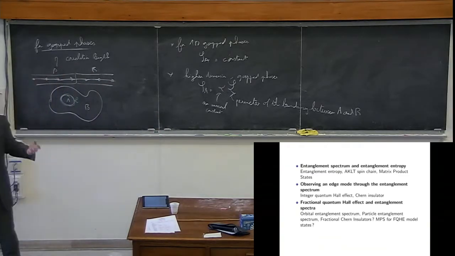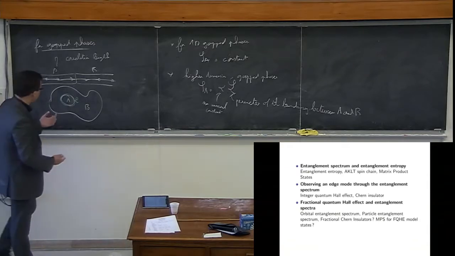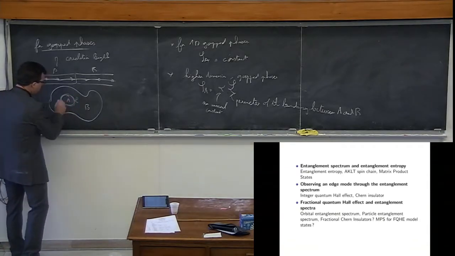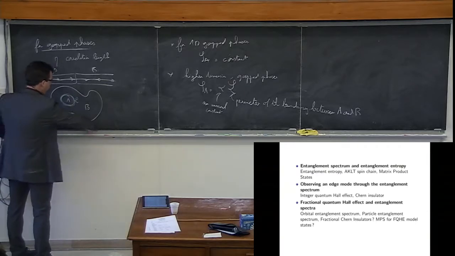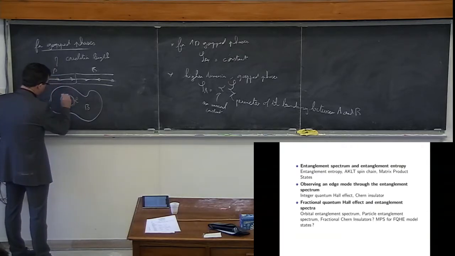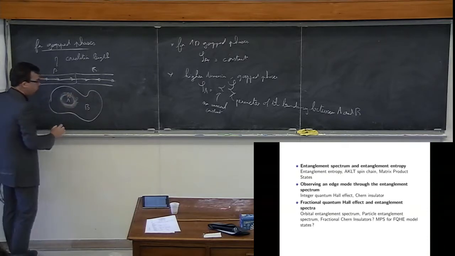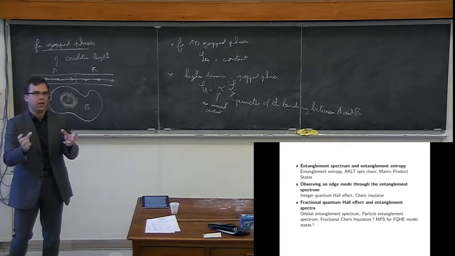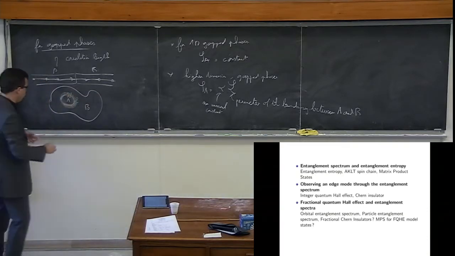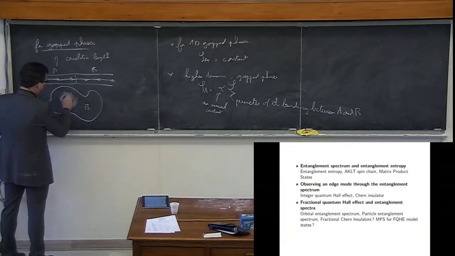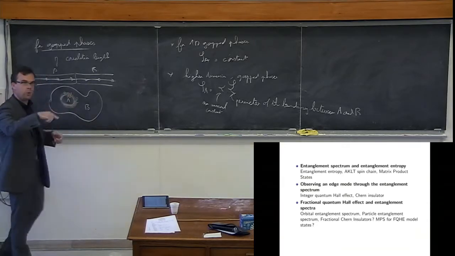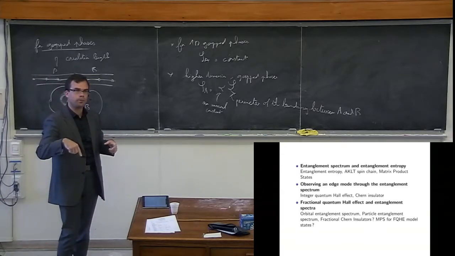If you have a finite correlation length, it means that all the entanglement between A and B will occur in a region which is like this. So the volume of the region where you have the entanglement between A and B is something of the order of the correlation length times the perimeter of the system.